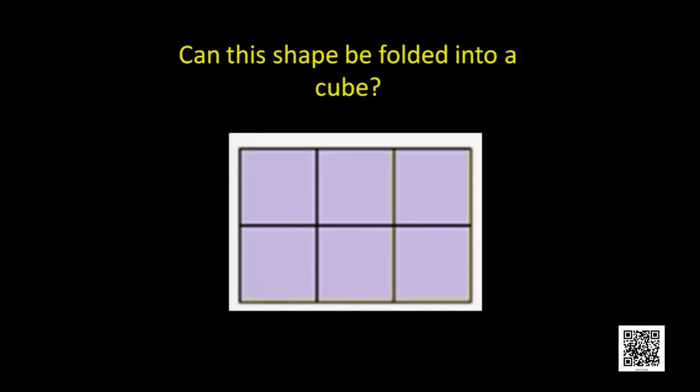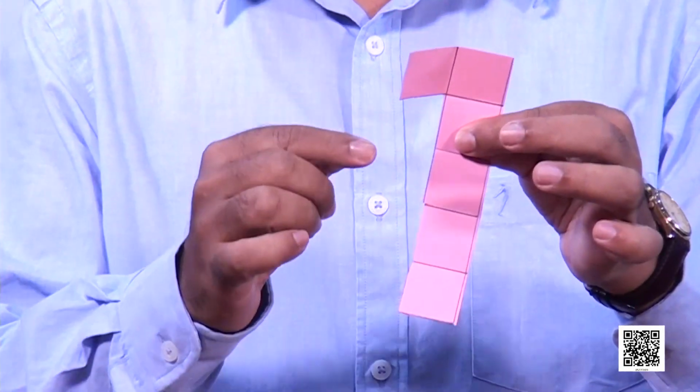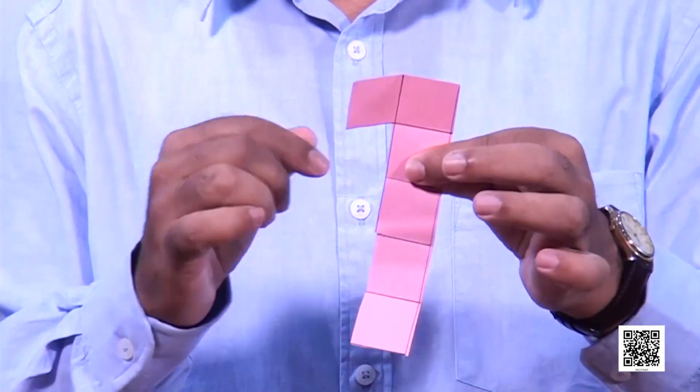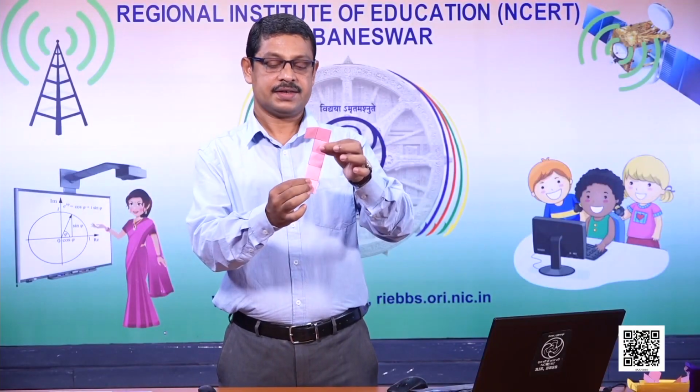Now, see this shape is different from the last one. I am folding it along the dotted lines. Whether it can be folded into a cube or not, let me find out. Let us see. I am folding this shape along the lines.